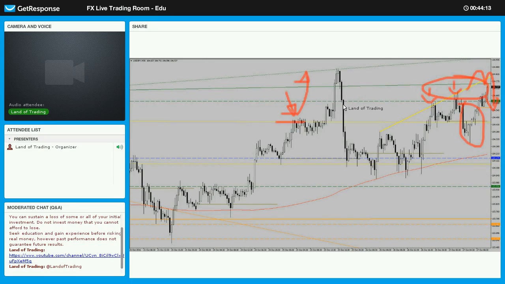And let's check if there is going to be something for us to join on the short side, because if I'm not going to see what I'm looking for, then I'm not going to sell. Then I will wait for a pullback without the short position, just to join the long side, right? So let's have a look. Let's monitor dollar yen as well.